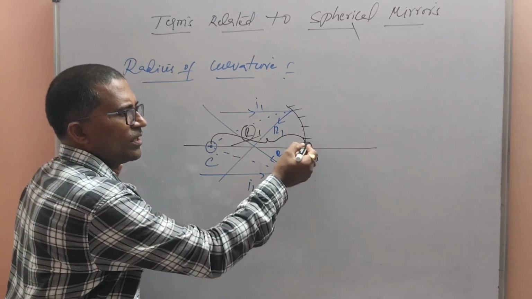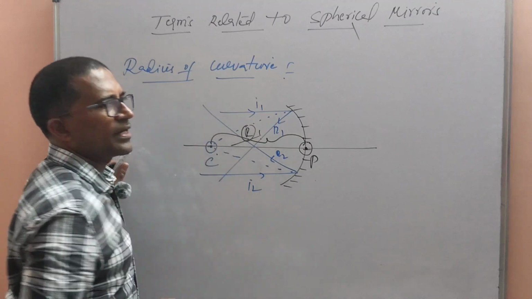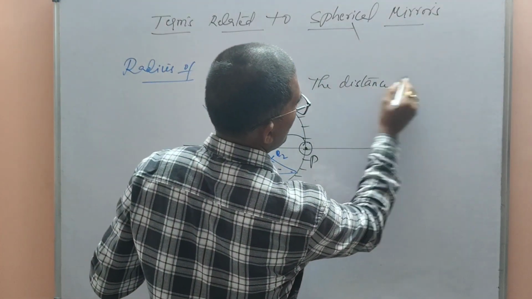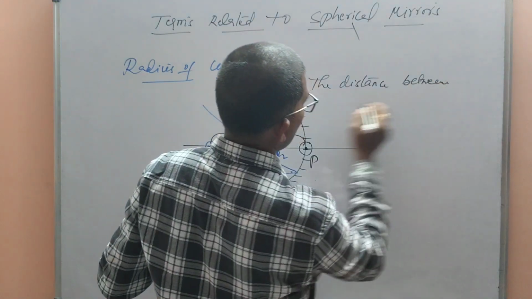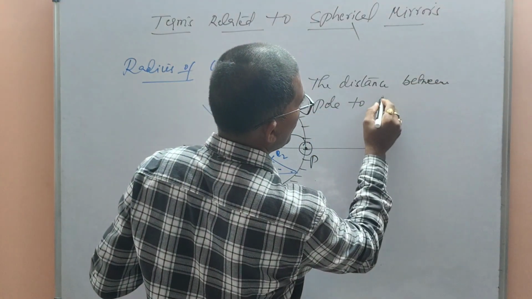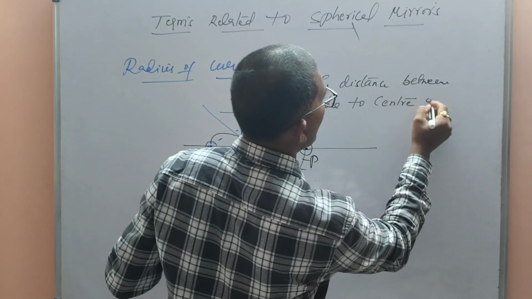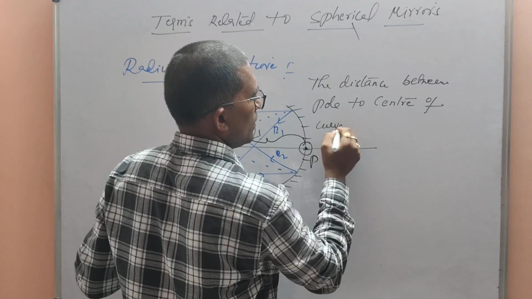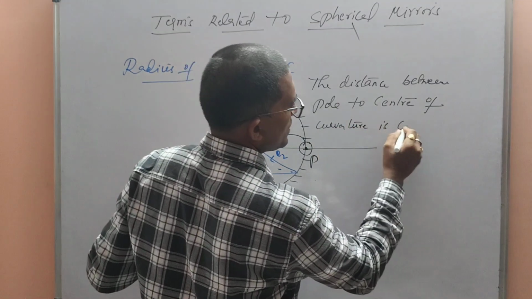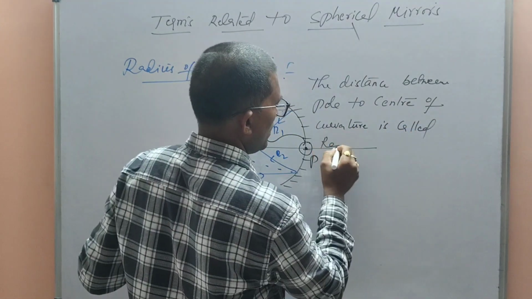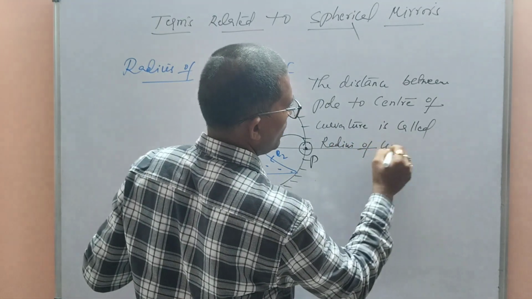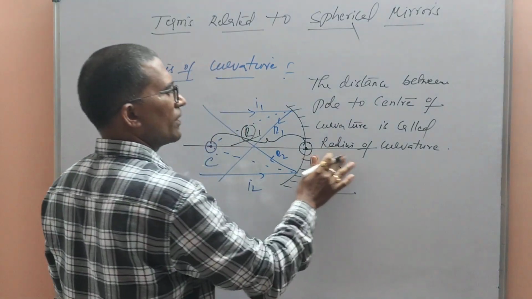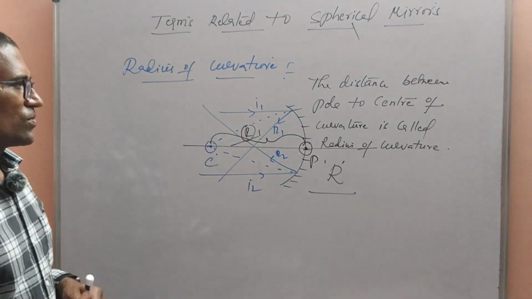The distance between the pole and the center of curvature is called the radius of curvature, denoted by the letter R.